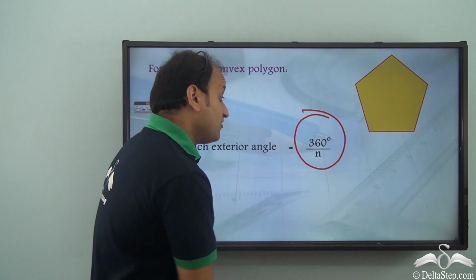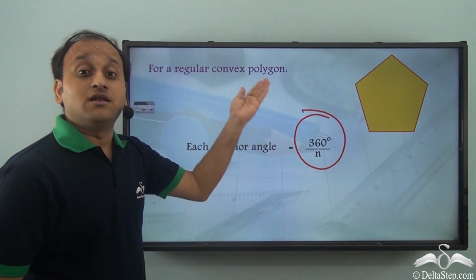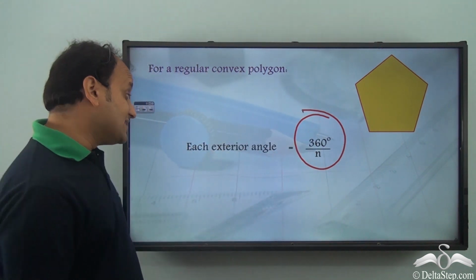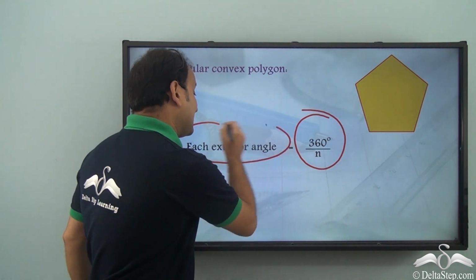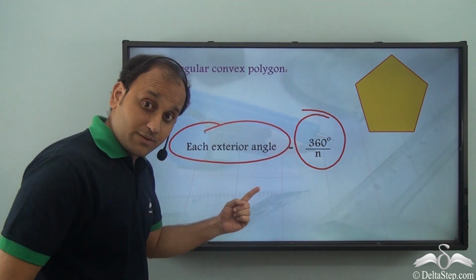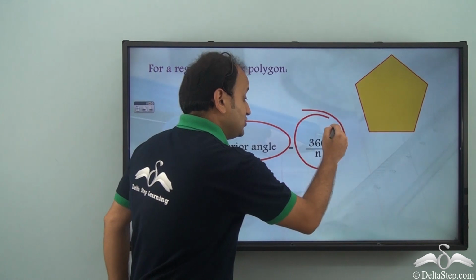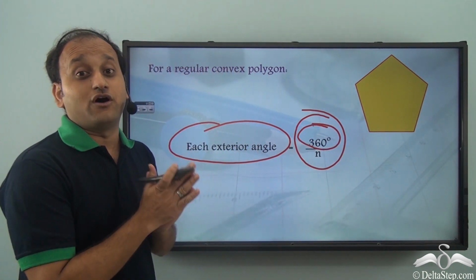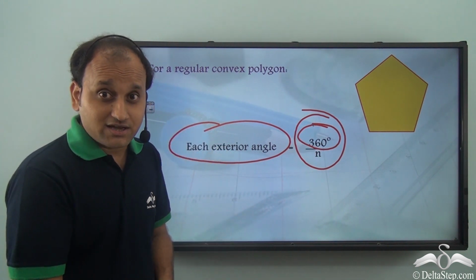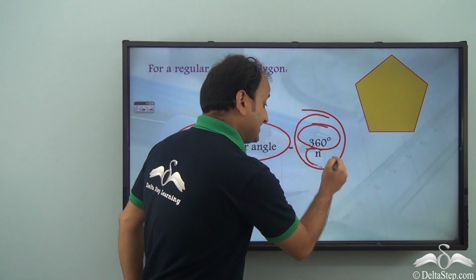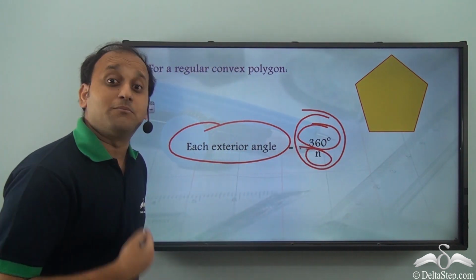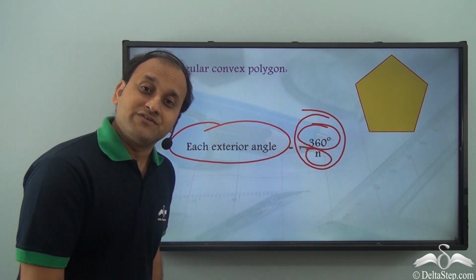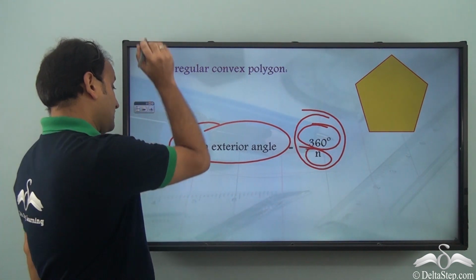Now from this we can also find the number of sides of the polygon. That is, if you have the value of each exterior angle of a regular polygon and you always have the value 360 degrees for the sum of all the exterior angles, then you can find n, the number of sides or number of angles of the regular polygon.